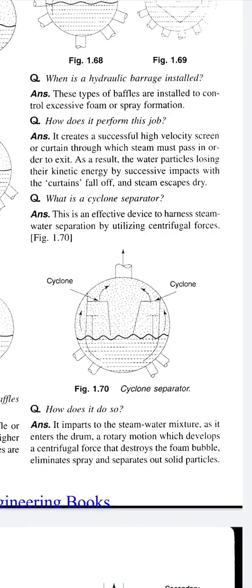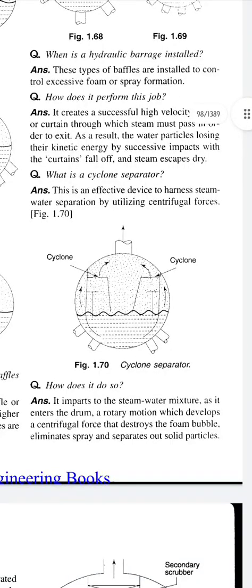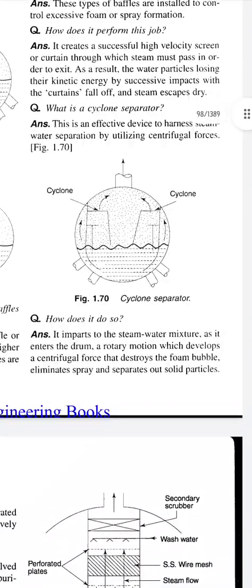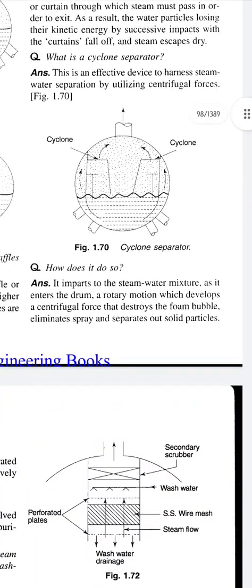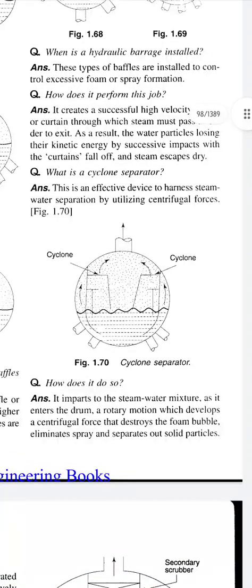As a result, the water particles, losing their kinetic energy by successive impacts with the curtains, fall off and steam escapes dry. Question: what is the cyclone separator? This is an effective device to harness steam water separation by utilizing centrifugal forces. In cyclone we can see in this diagram both of sides.